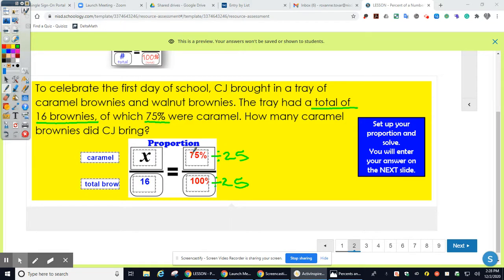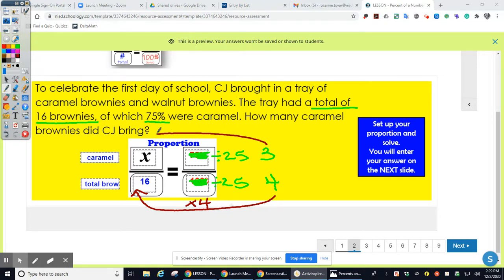75 divided by 25, we get 3. So I'm going to go ahead and put 3 out to the side over here. And 100 divided by 25 is 4. Okay, so I'm going to use my scale factor here. I can ask myself, how do I get from 4 to 16? Well, I know that 4 times 4 is 16, so whatever I do to the bottom, I must also do to the top.